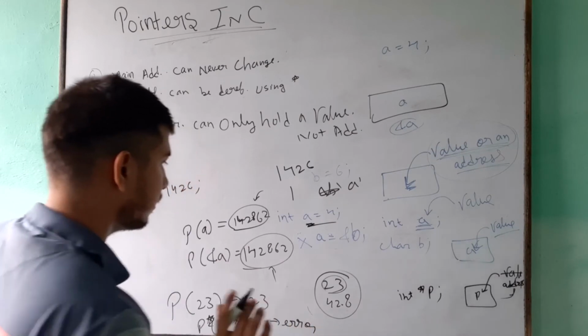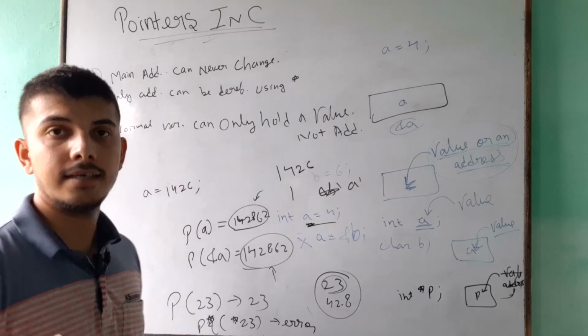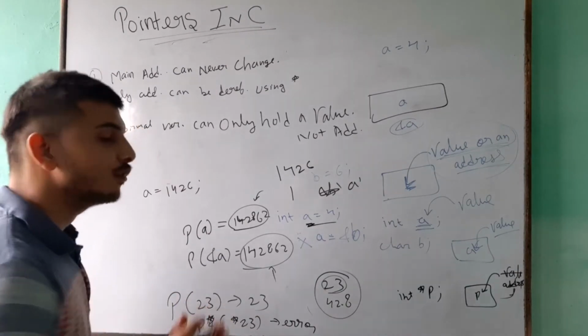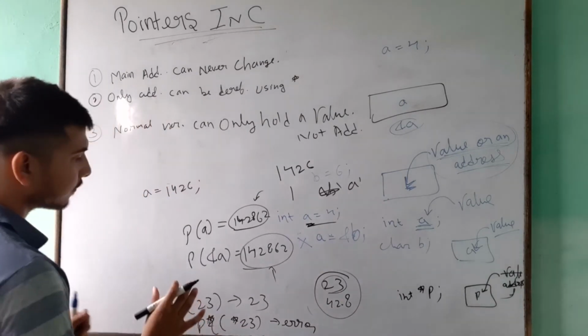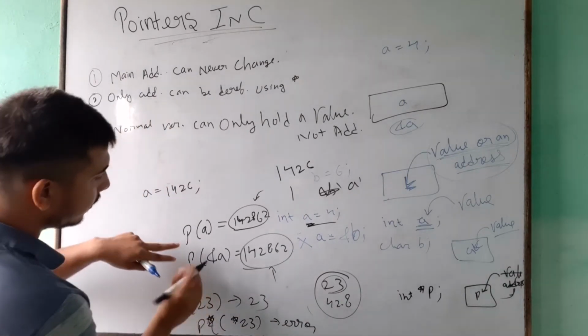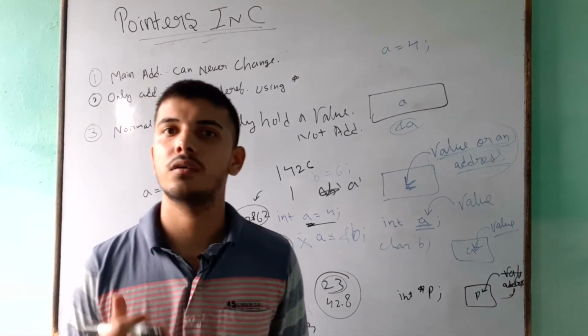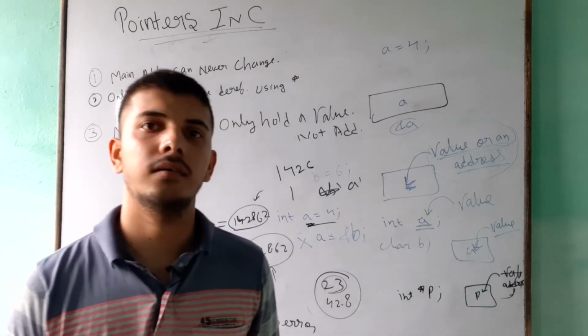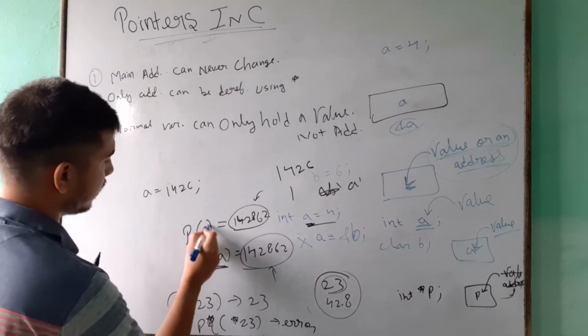That is the first thing. And the second thing, how will you identify an address? There is no way to identify an address, and this is the beauty. You can tell whether something is going to be an address or a value only by looking at the variable here.